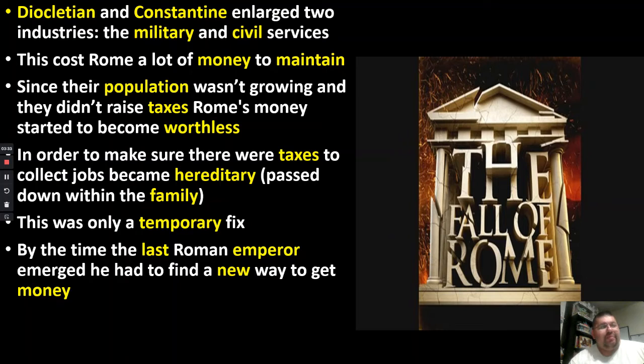Now, this did help, but it's like putting a band-aid on a broken arm. It might be a temporary fix, but it's not a long-term thing. By the time the last emperor comes up, this hereditary thing is no longer working, and they have to find a new way to make money.